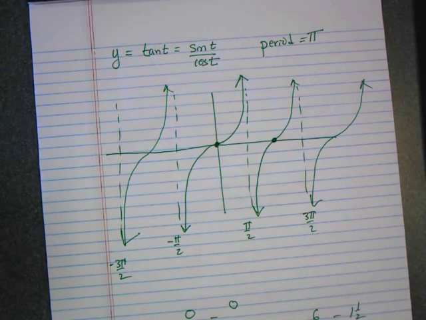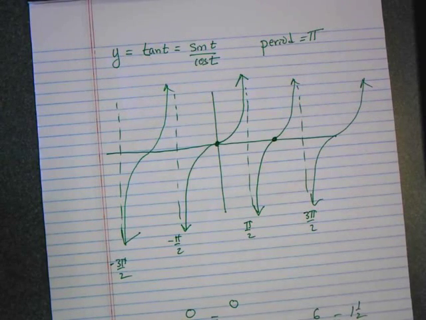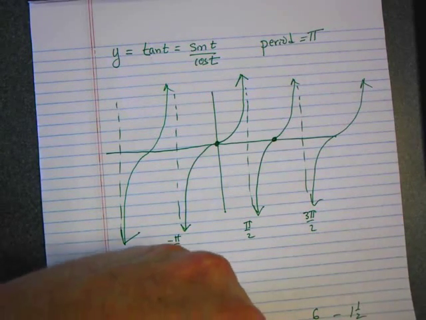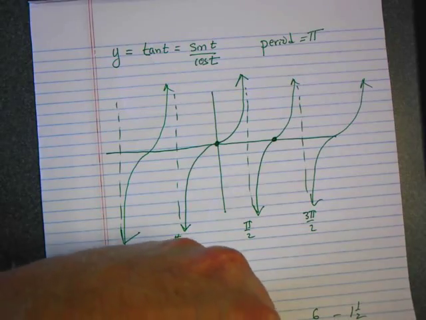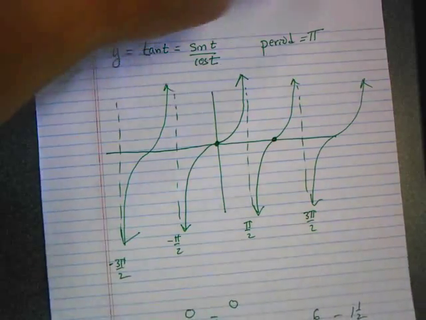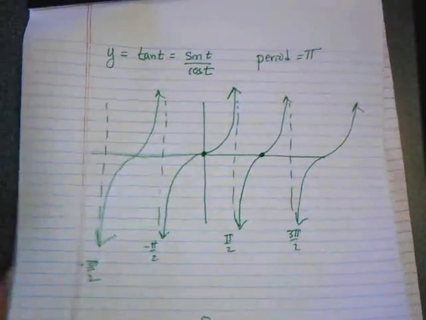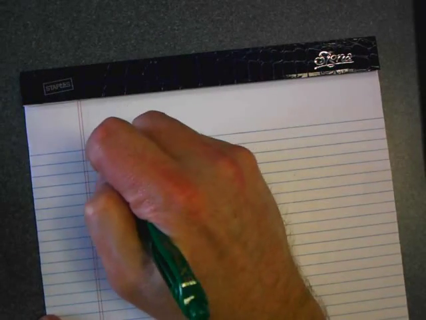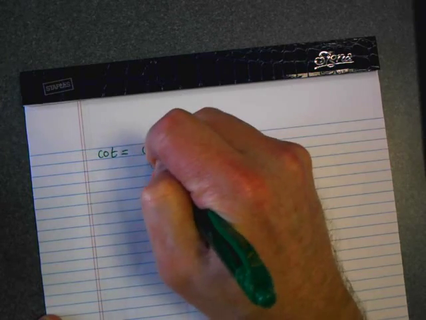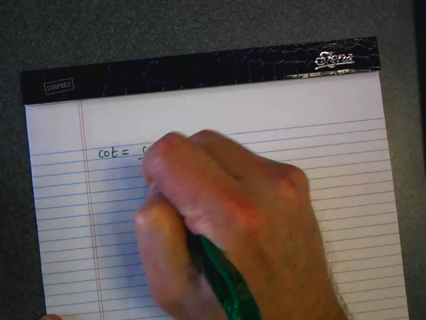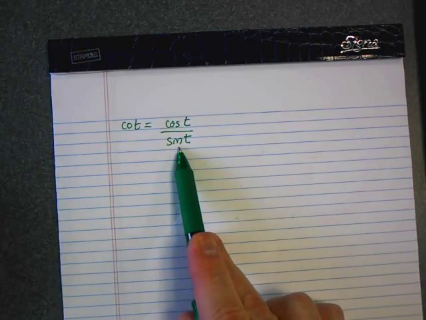How's cotangent going to be different? It does 2 things, actually. You're close. Well, wouldn't it shift? It's going to shift also. Why is it going to shift? The reason it shifts is because it has sine on bottom.